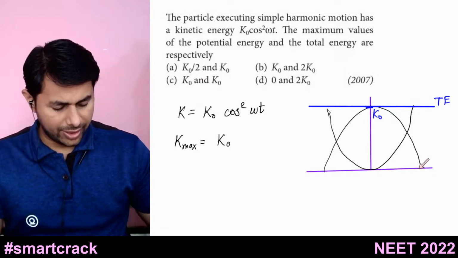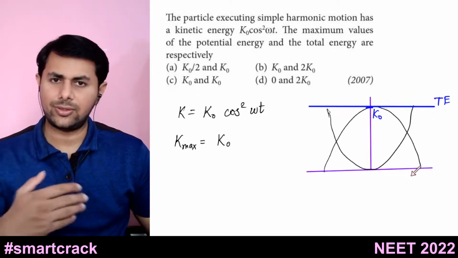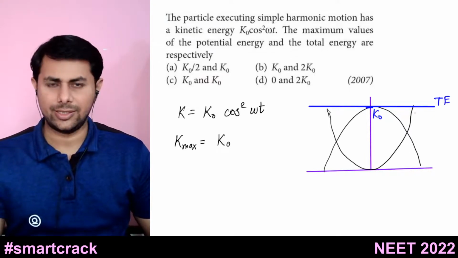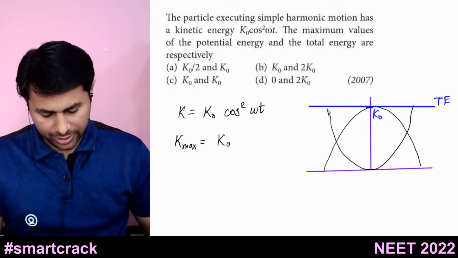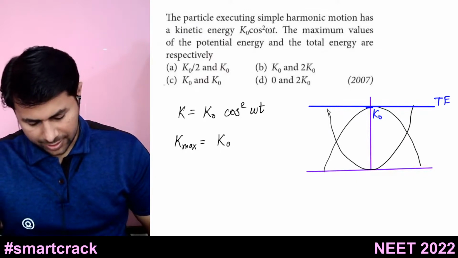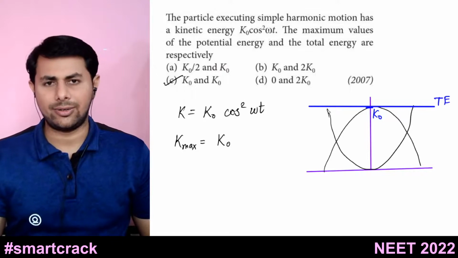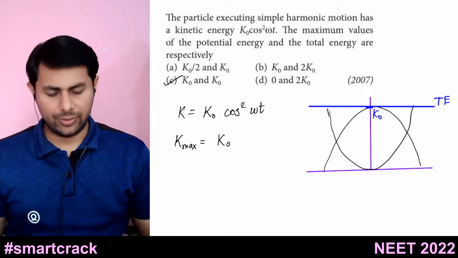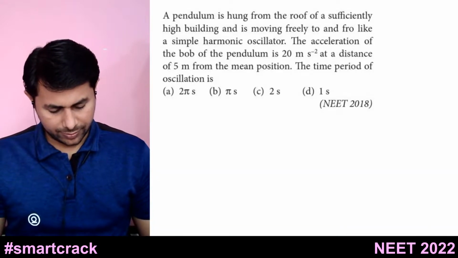So see, over here kinetic energy becomes 0, so the total energy becomes potential energy, that is this much. The same value, so it's also K naught. So the maximum values of total energy and potential energy are K naught and K naught respectively. All right, so very straightforward, very simple question.